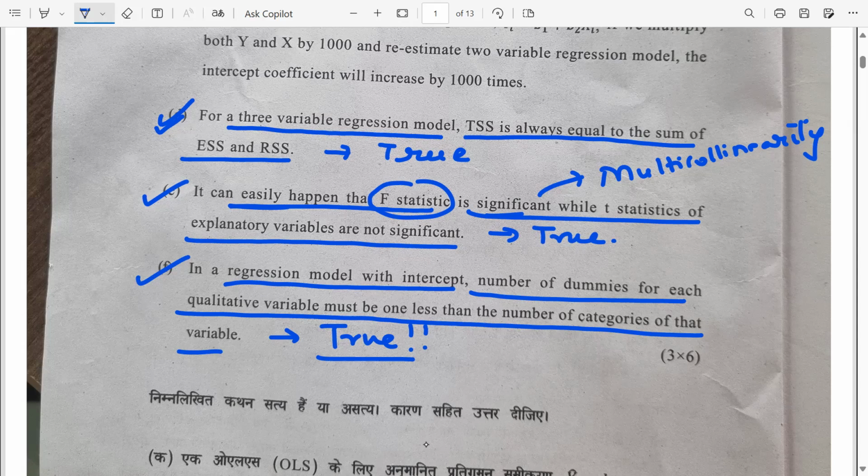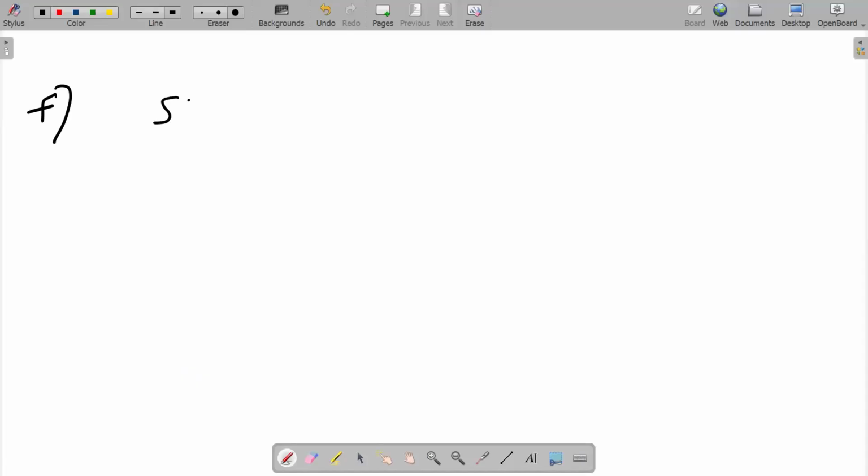When you fall into the dummy variable trap, you get into a situation of perfect multicollinearity. So if I come to the whiteboard, the last statement, statement F, is true.